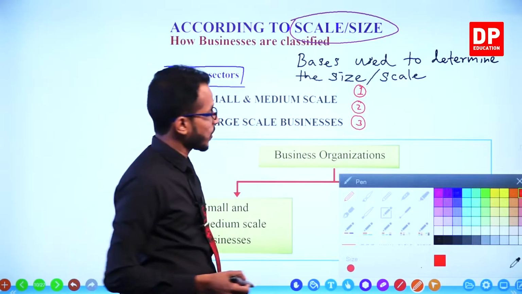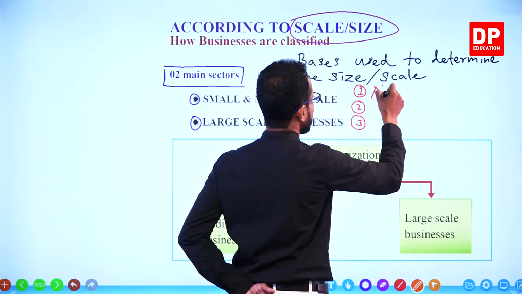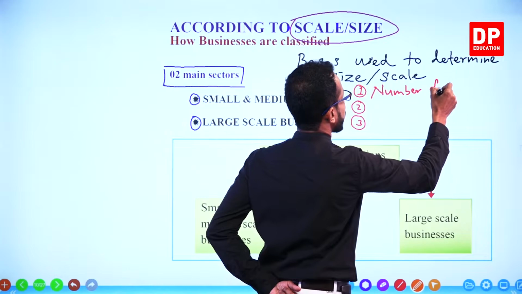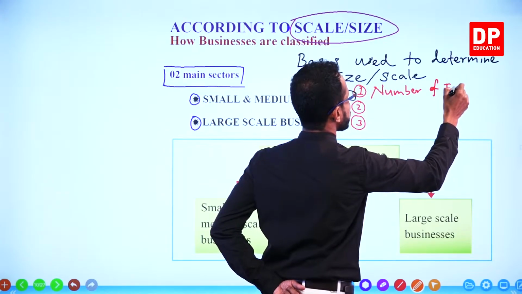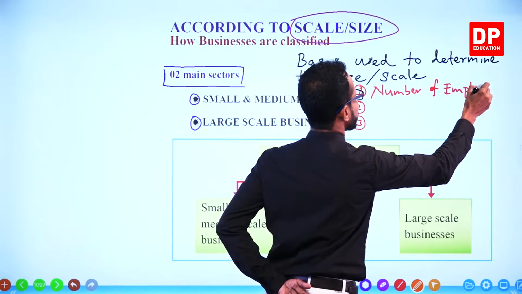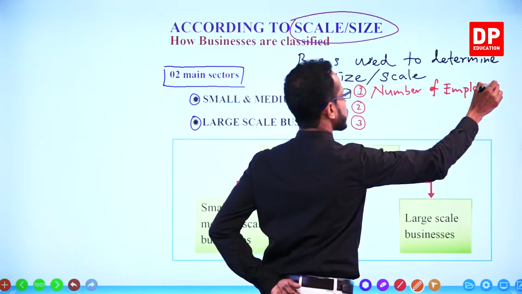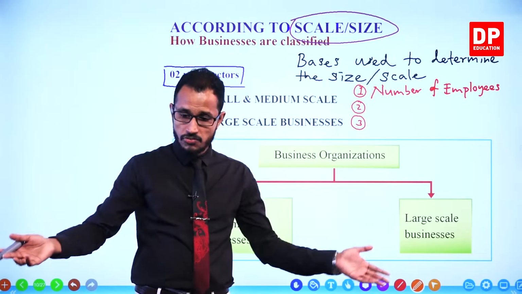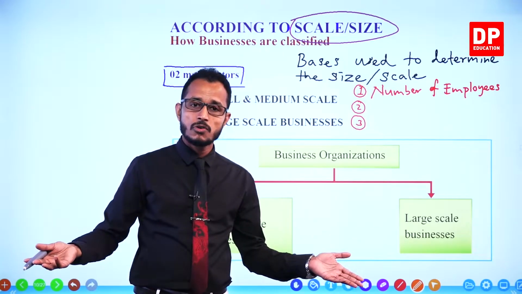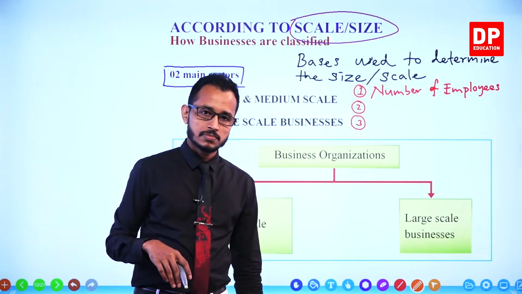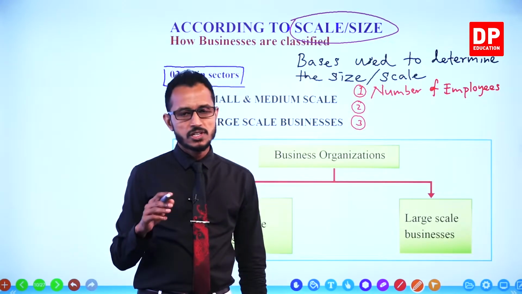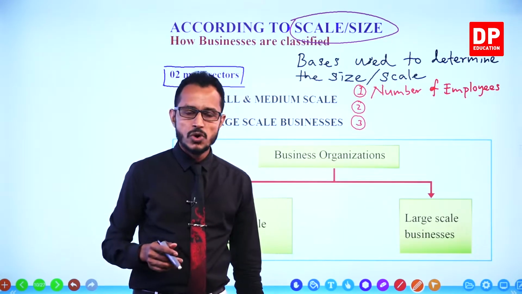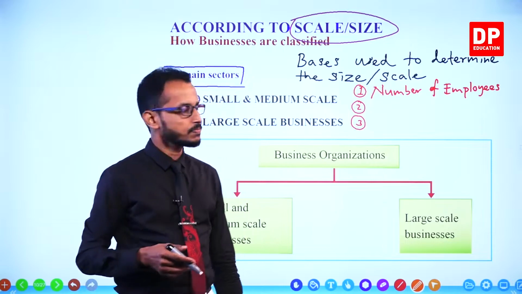First, children, we can look at the number of employees. The workers, the staff, the workforce of your business. Workforce means the staff. Staff means all the employees you have in your business.